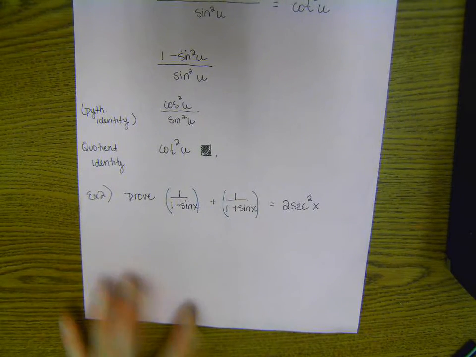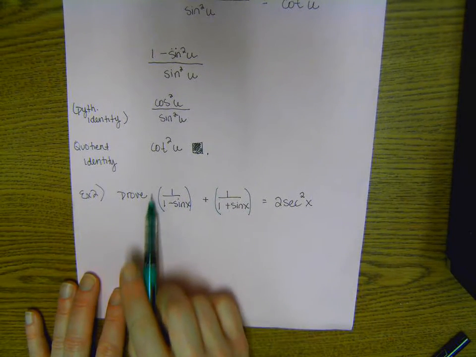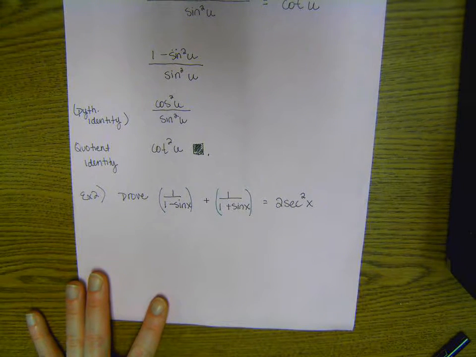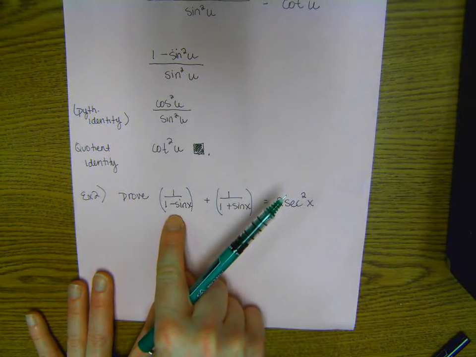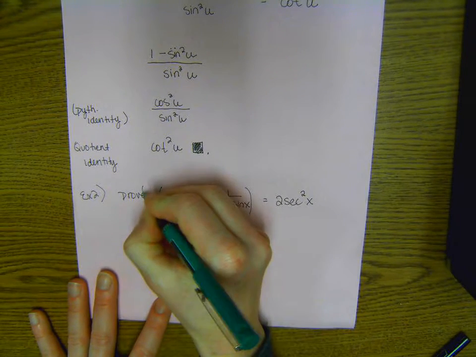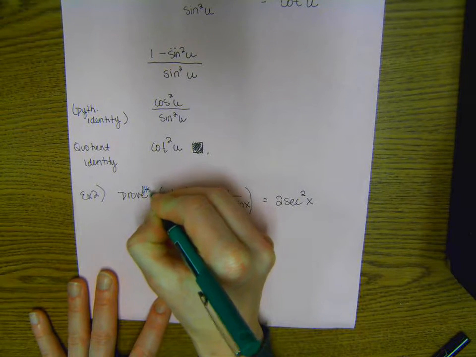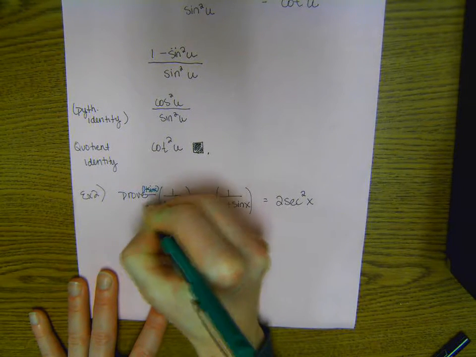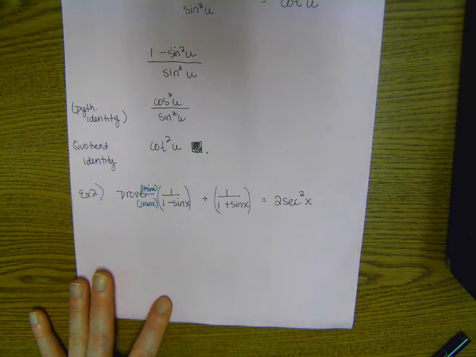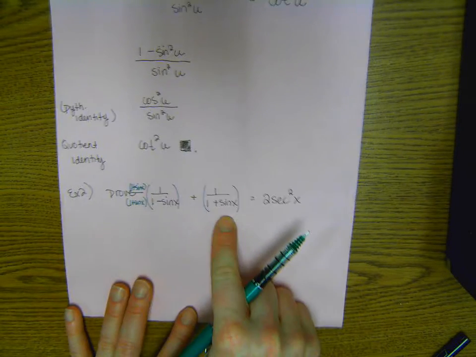So to get a common denominator, what could I multiply this fraction by? This one's already 1 minus, so let's look at the other denominator. Couldn't I multiply by 1 plus sine of x over 1 plus sine of x? And then how about this one?